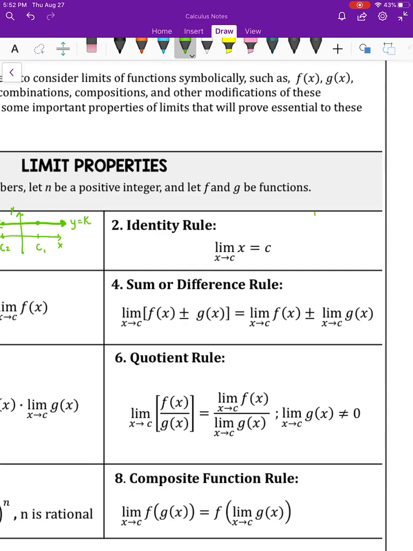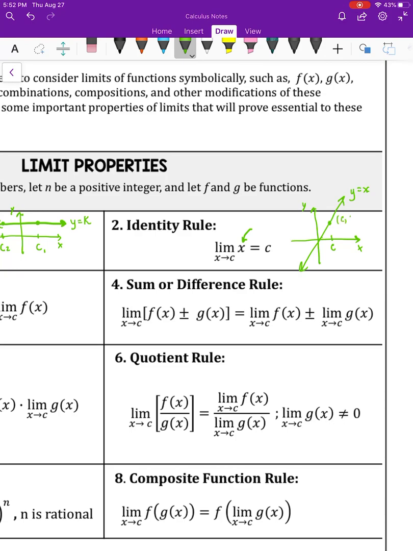Identity rule. So for that one, here's our xy axis. We are thinking about the function y equals x. So here's our function y equals x. And remember, that's your function. So y equals whatever that is. If I chose to look at it at some c value, since y equals x, whatever x is, that's what y is.